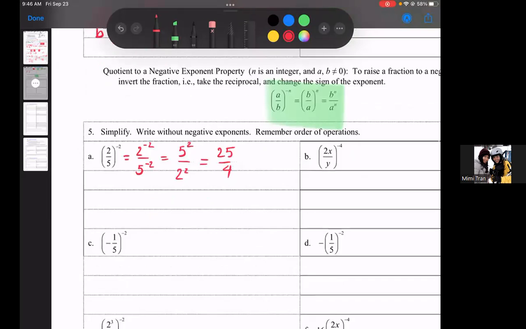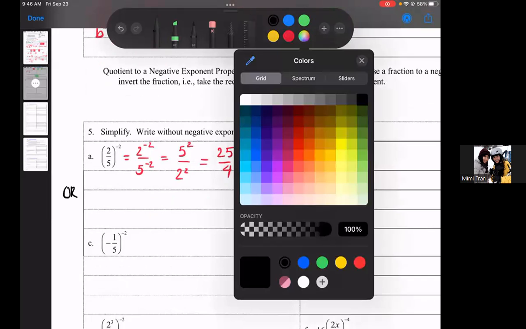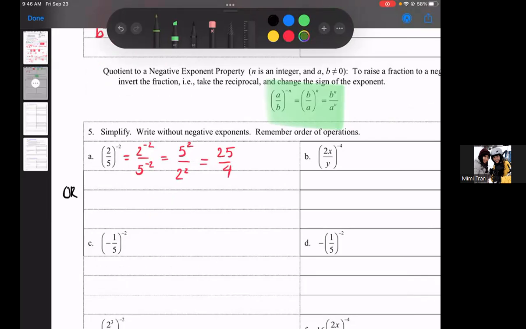Or you flip right away. You can do that, right? Whichever way, I'm showing you both. And now distribute. Whichever way, it's the same thing.